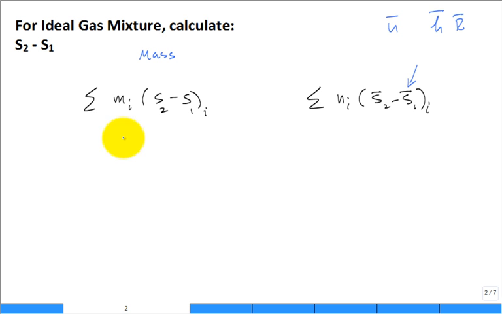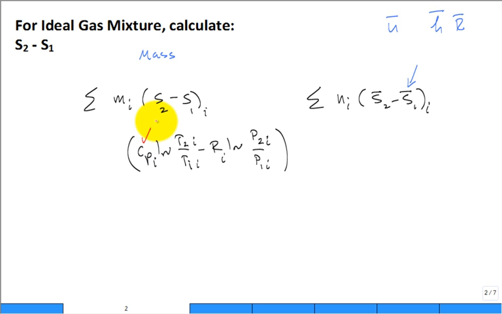So this change in entropy would be something like C sub P, natural log of the final temperature over the initial temperature, minus R, natural log of the final pressure over the initial pressure, and it would be for that component, for each component.